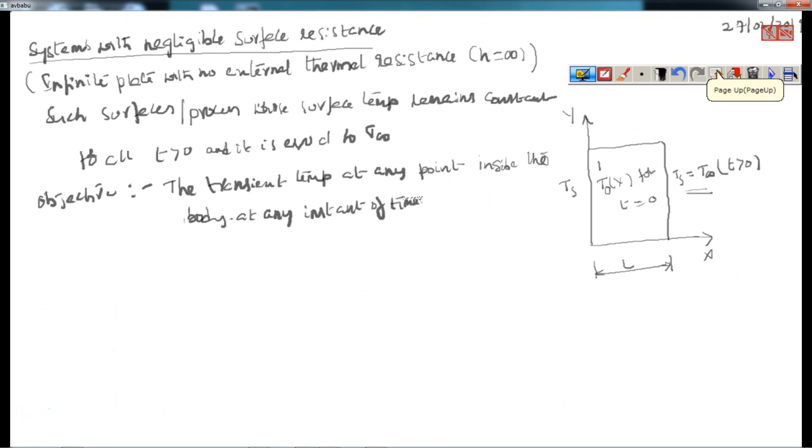I mean to say the temperature is dependent on time only, right?